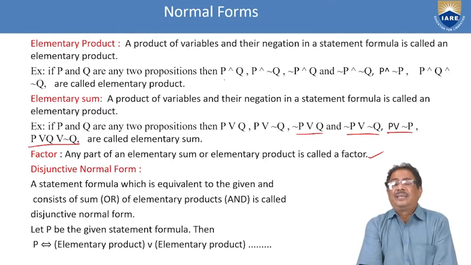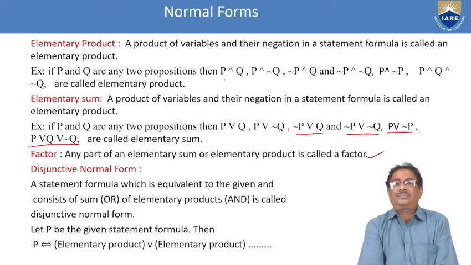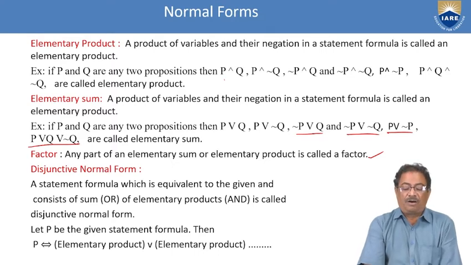We can say that strictly speaking, a sum of elementary products is called a disjunctive normal form. Any compound proposition which is converted into the form of a sum of elementary products is in disjunctive normal form.